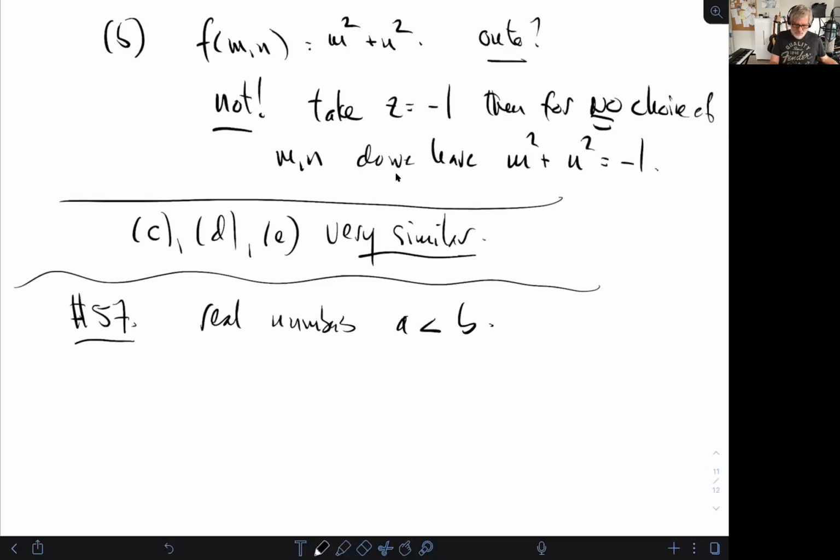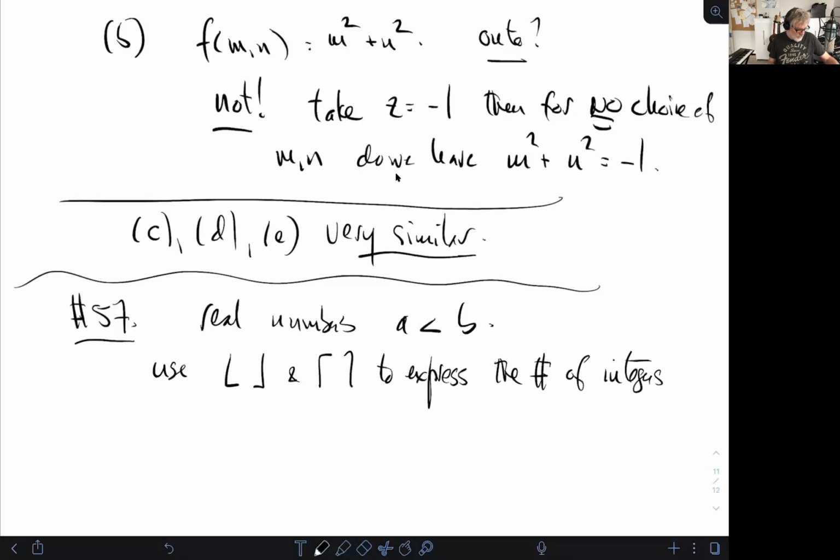And they ask you to use the floor and or ceiling functions to express the number of integers n that are strictly between A and B. I'm not going to solve it.